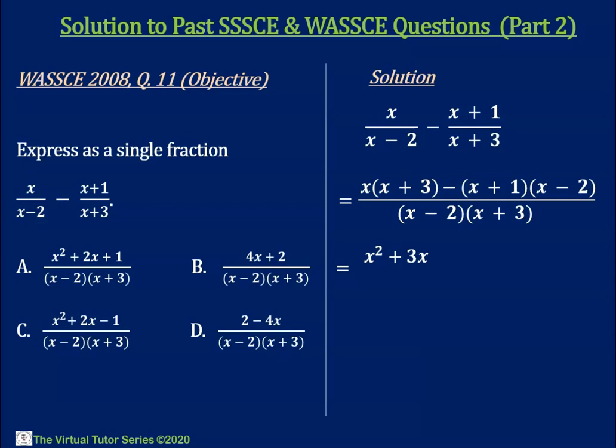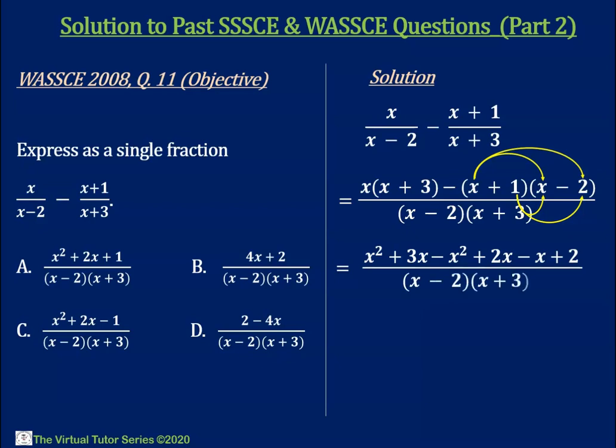The second group can also be expanded by distributing negative x and negative 1 over x and negative 2. This results in minus x squared plus 2x minus x plus 2 all over x minus 2 times x plus 3.